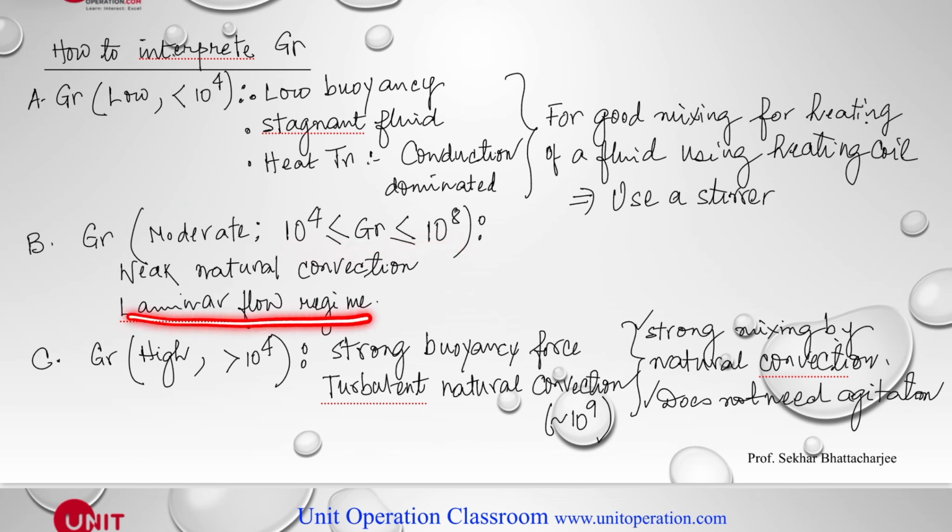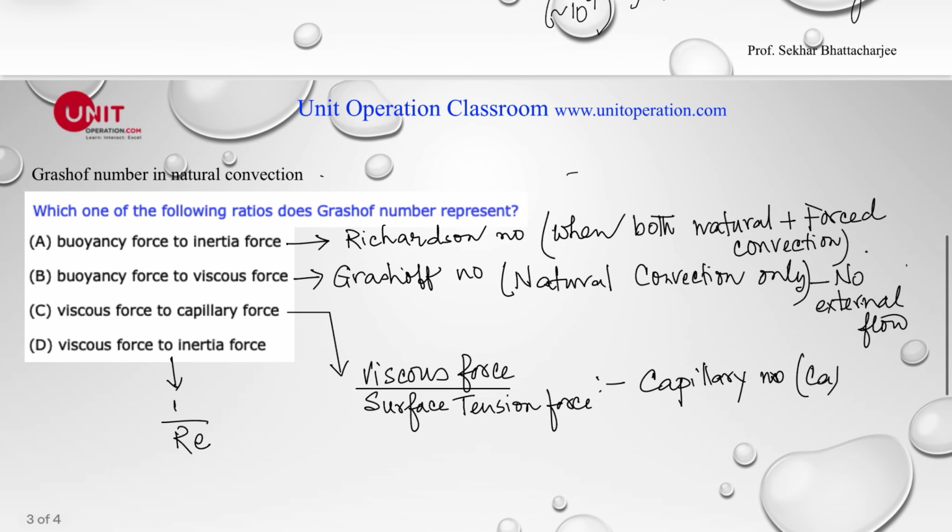It's called a laminar flow region, very weak natural convection. And if the Grashof number is high, around 10 to the power 9, then there is a strong buoyancy force, a good circulation loop is established, and we get turbulent natural convection. Under those situations, there is strong mixing by natural convection, and it does not need any kind of agitation or stirring.